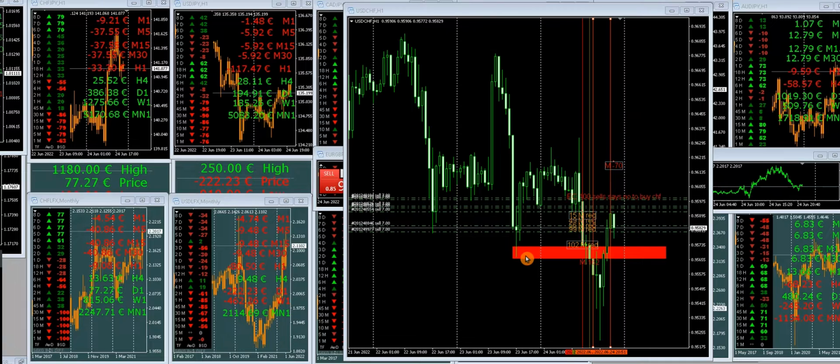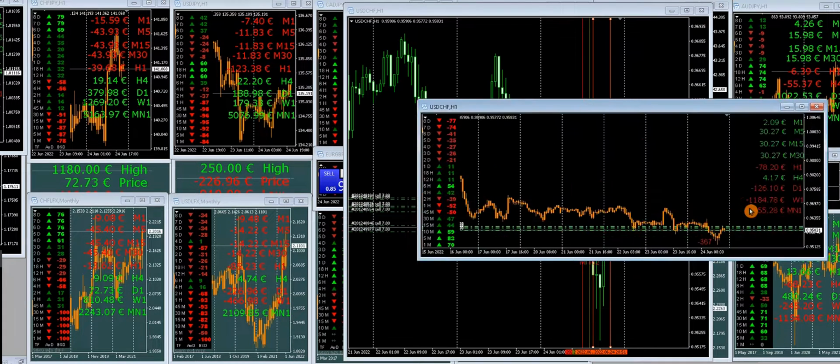So here it was green, everything positive. It broke it here, came over, and now it's back below again. Come back, and now we're selling again because it's saying 55, and this is more negative than this. Okay.